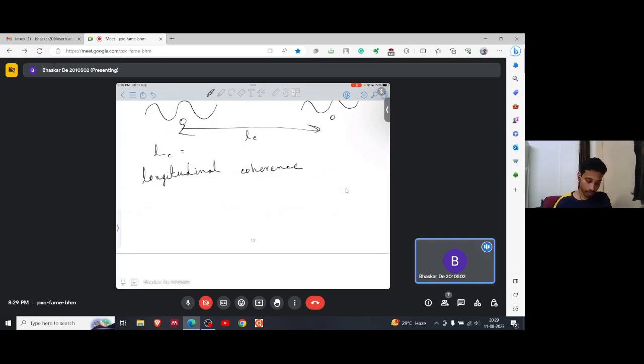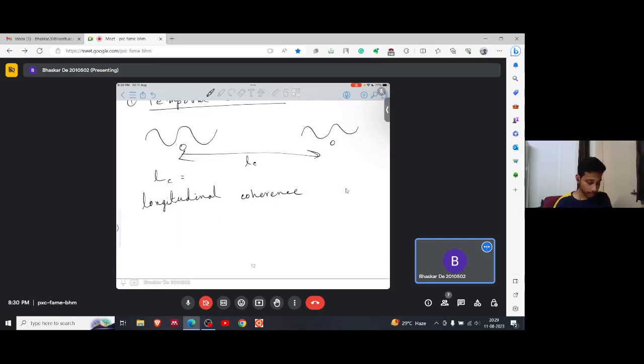Now the formula for this LC is lambda square by delta lambda.